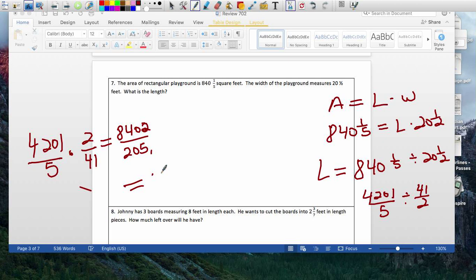So definitely 40, and you're going to have 202 left over 205. So the length of that is going to be this. Okay, feet, not squared, because it's just distance.